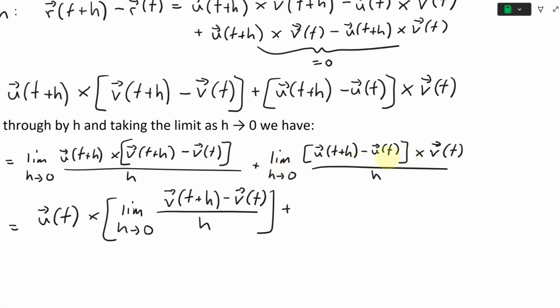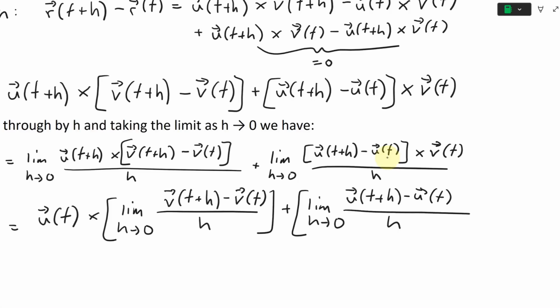And now same thing with this side here. We're going to get a limit as h approaches 0 of u of t plus h minus u of t, then all divided by h.